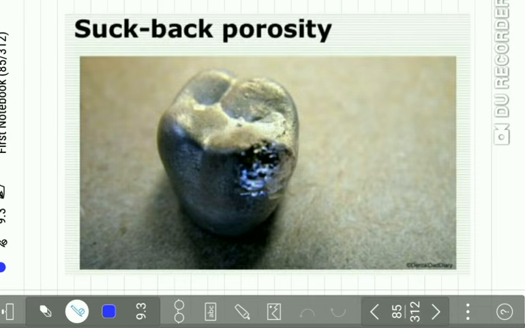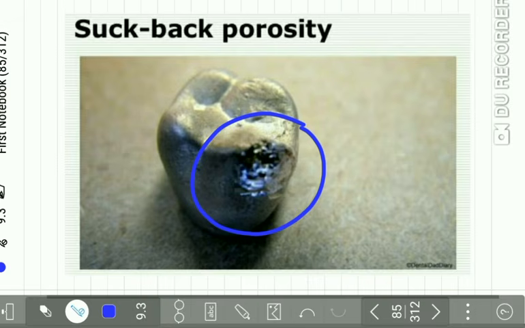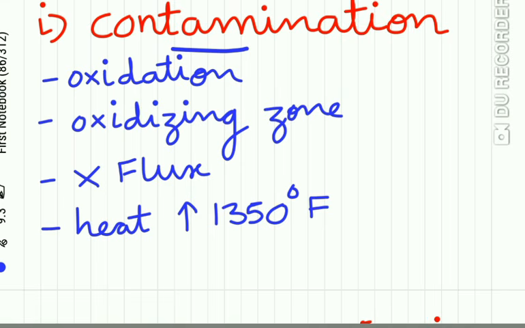And this is called suck back porosity. In this, we can see a suck back porosity which has occurred. This can be avoided by using a sprue hole facing downward so that the wax may run down and there is no residual wax in the wax chamber.